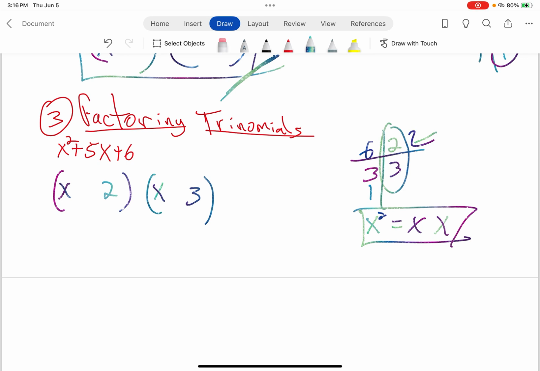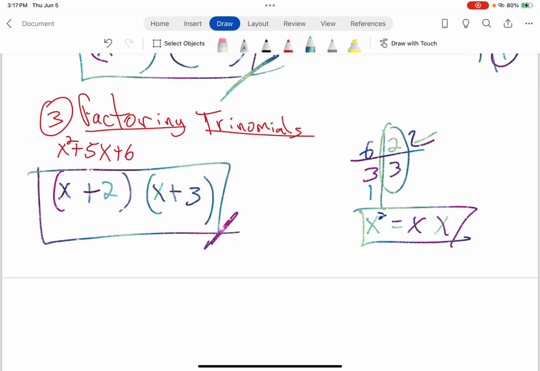Here it needs to be positive 2 and positive 3, because the only way to get 5 when adding is positive 2 and positive 3. If I put negative 2 and positive 3, it will be a subtraction that gives me 1. This is not 5. And if I put positive 2 and negative 3, this will give me -1, and I want positive 5. So that's why this is the answer. Those are the two numbers, and this is the answer also.